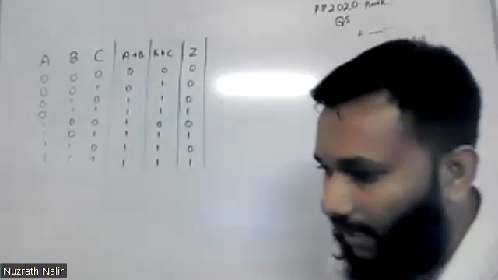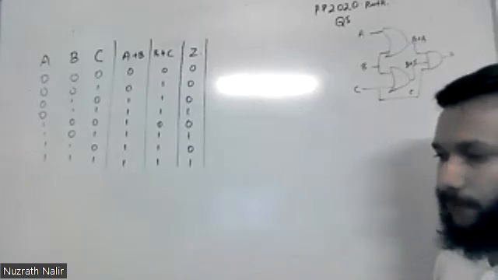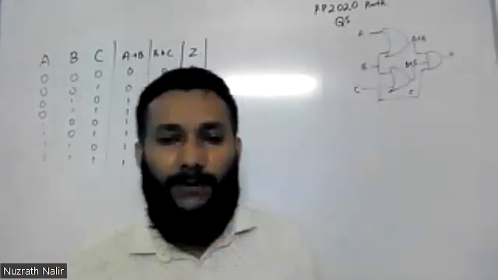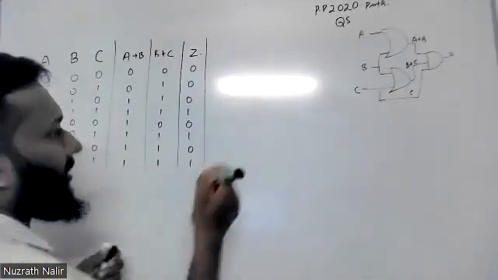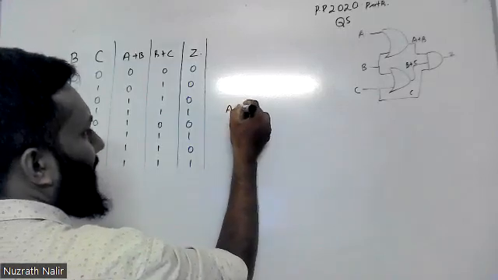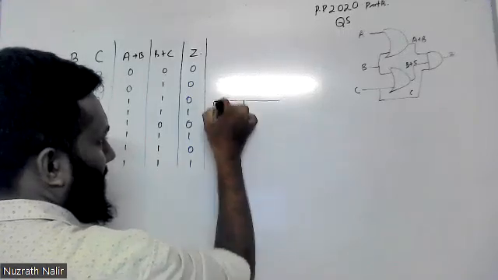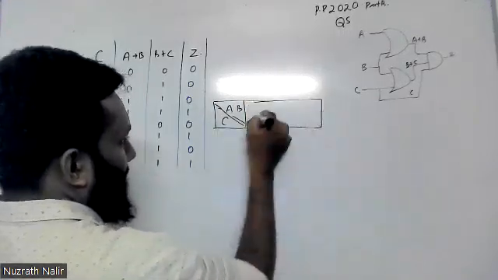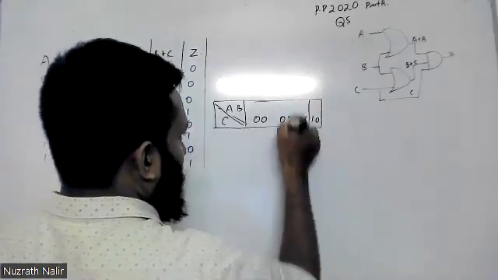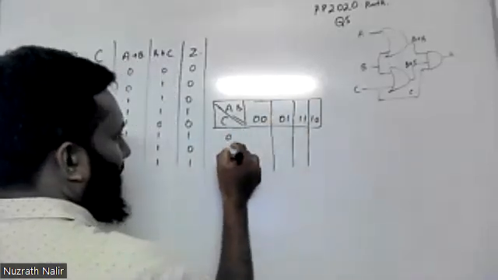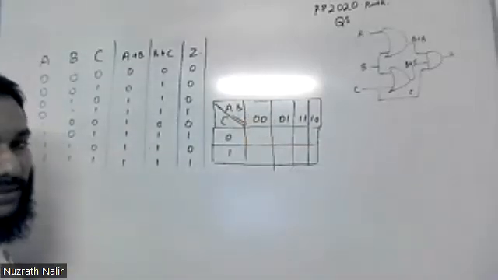Second question: using a Karnaugh map, derive a simplified SOP expression for the output Z. The last time they had given that style, so either you can use this size with A, B, C: 0, 0, 0, 1, 1, 1, 1, 0, 0, 1. This is one of the styles.